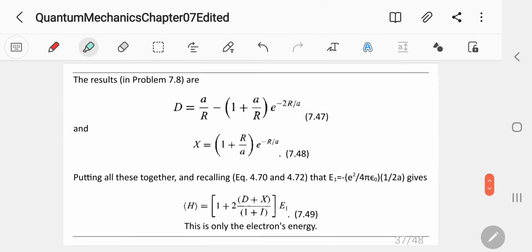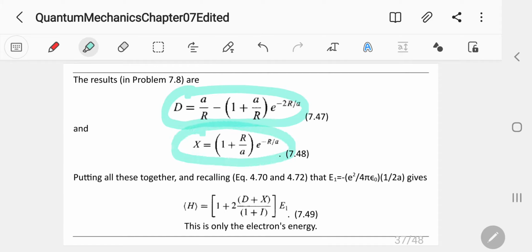So if you solve problem 7.8, the results would give you D as equal to this one and your X equal to this one. We will not show the solution, but it's not bad to accept these results if you have just solved 7.8.